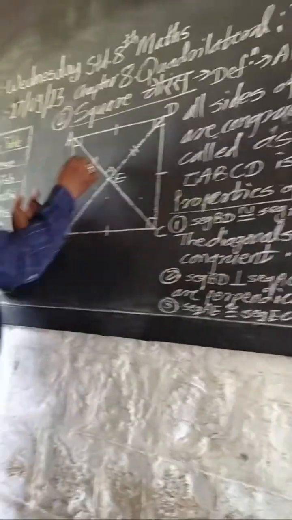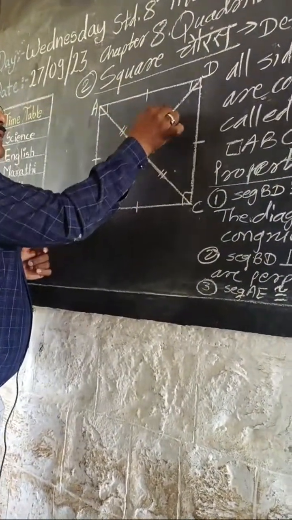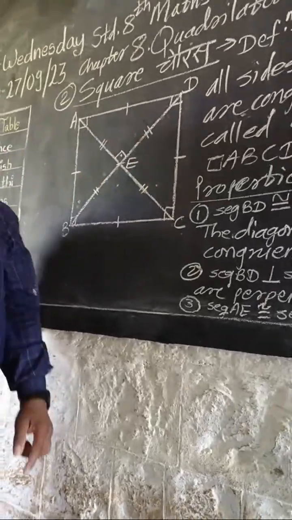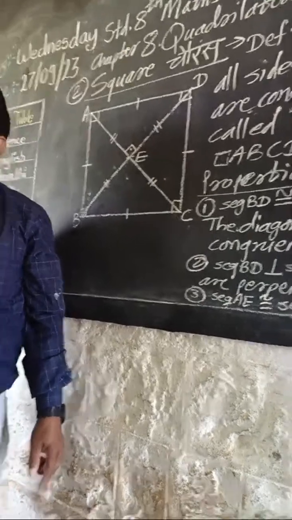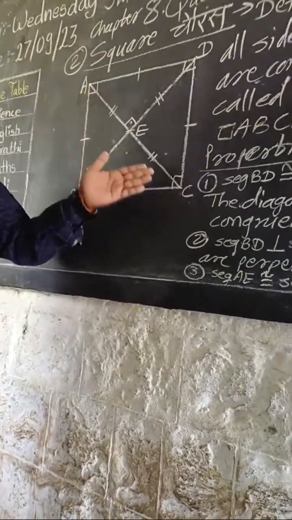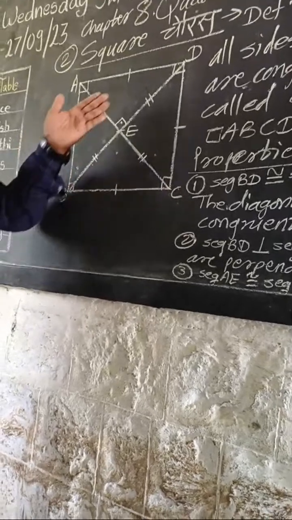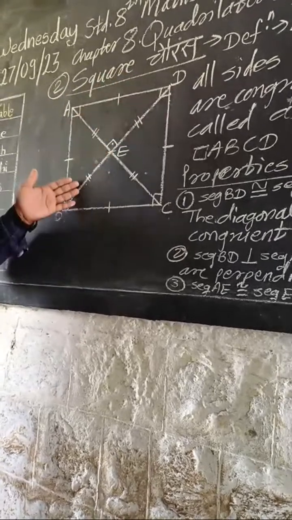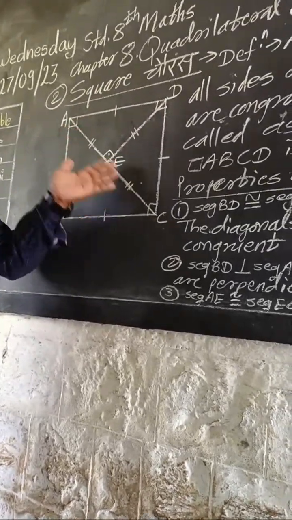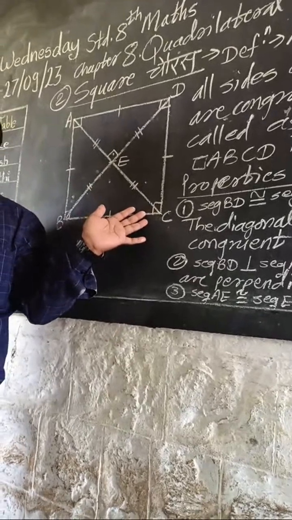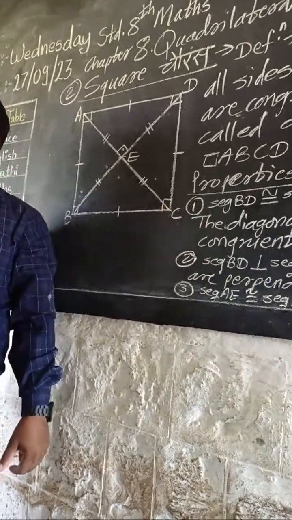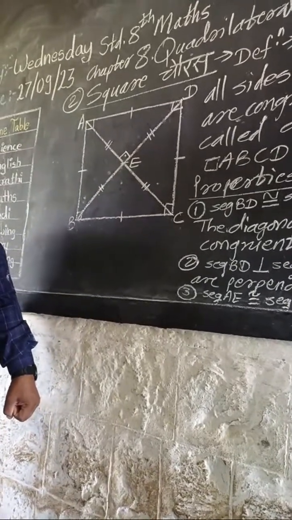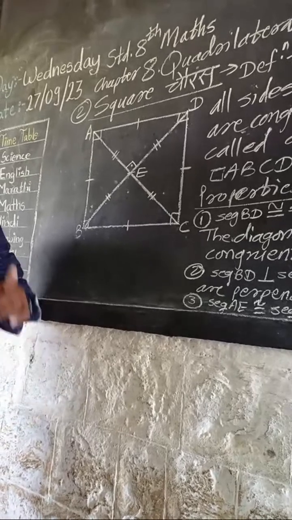These two parts and these two parts are similar, so what is the conclusion? The AC diagonal divides BD into equal parts and the BD diagonal divides AC into equal parts.